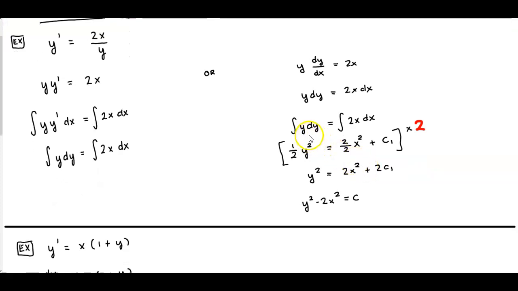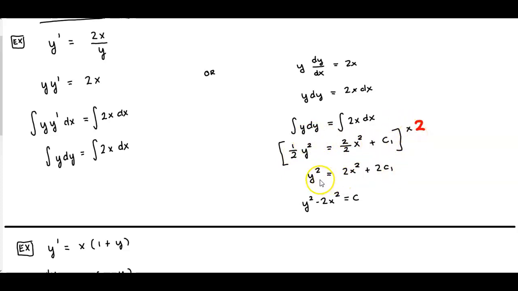When we integrate the left side, we're going to get 1/2 y squared, which is equal to the integral of 2x dx, which is 2 over 2 x squared plus c1. The reason I'm writing c1 is because eventually we're going to want to write it as c, and again, that's going to be a constant. If we want to eliminate the denominator, we can multiply every term by 2.